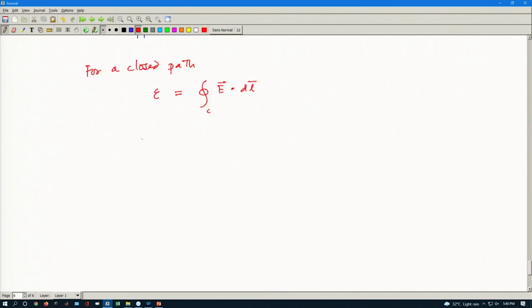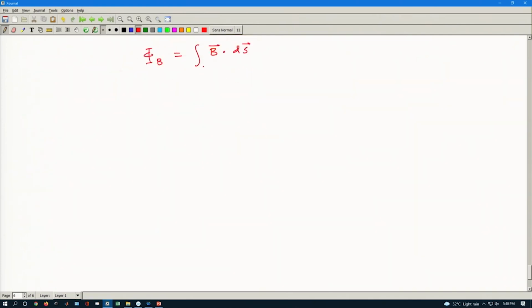And what about the flux? My flux phi B, rather, magnetic flux, is the integration of B dot ds, magnetic field into area.